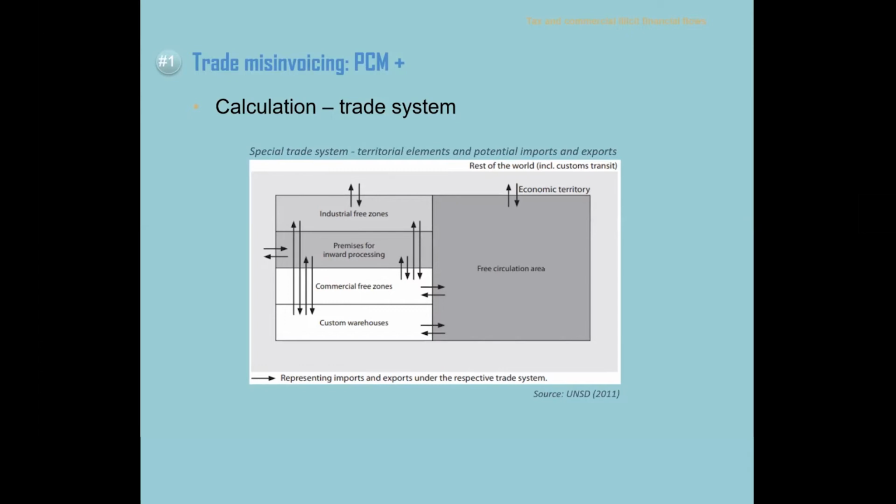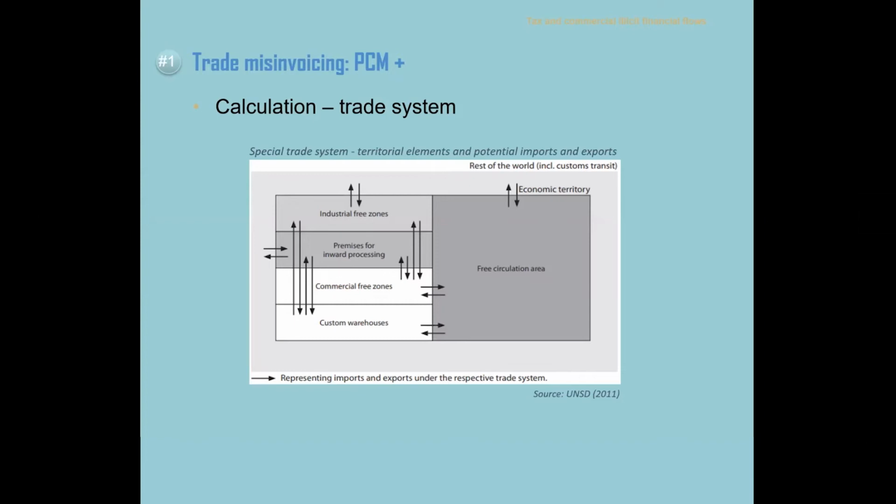We can see, for example, that only industrial free zones, premises for inward processing, and the free circulation area are included in the statistical territory, which means that everything entering those three areas from anywhere else, either the rest of the world, but also from commercial free zones and customs warehouses, is treated as imports. Anything that is leaving those areas is treated as exports by our country.